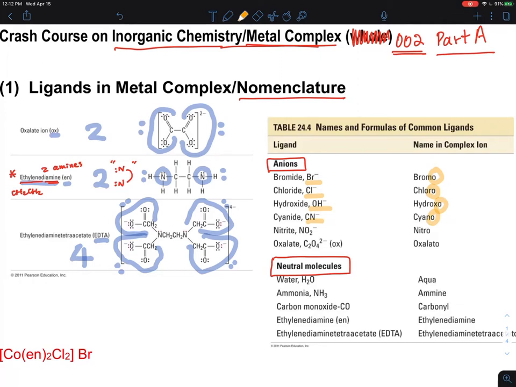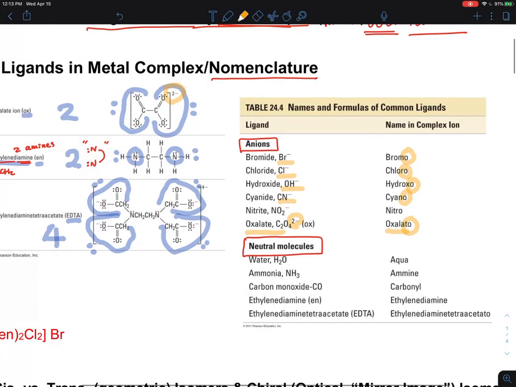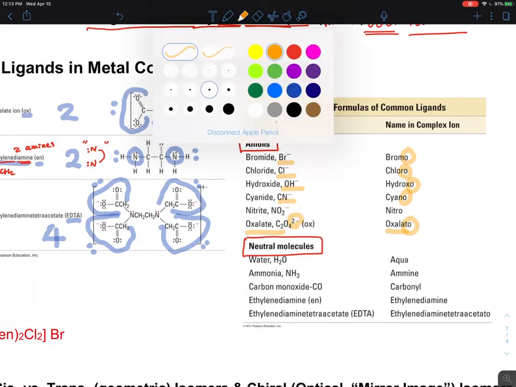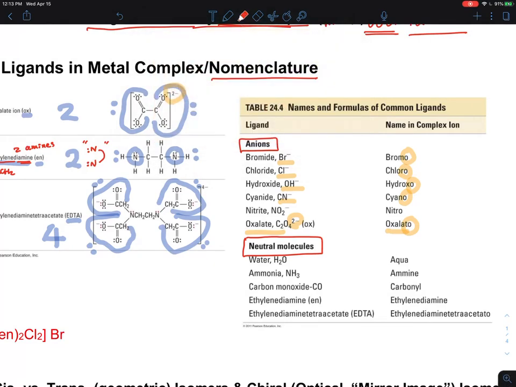Even the oxalate ion that you see here, which has a -2 charge, becomes oxalato. So the O is at the end for a negatively charged ligand used in the nomenclature. The neutral ones do not have any charges, and each has its own unique name.